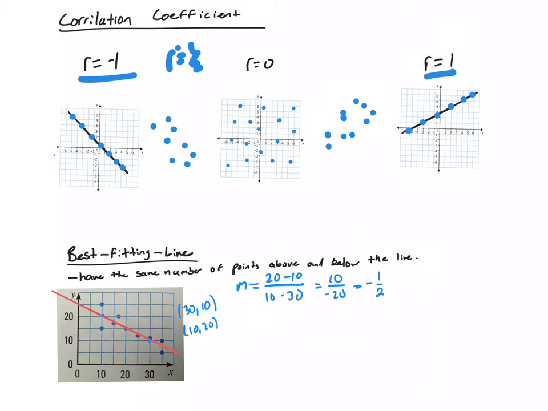That's my slope, and it looks to me like this is crossing up here about the 30 mark. So I'm going to say y is equal to -1/2 x plus 30. There I've estimated a line of best fit. This line we'd use to estimate or make predictions about the same data set.